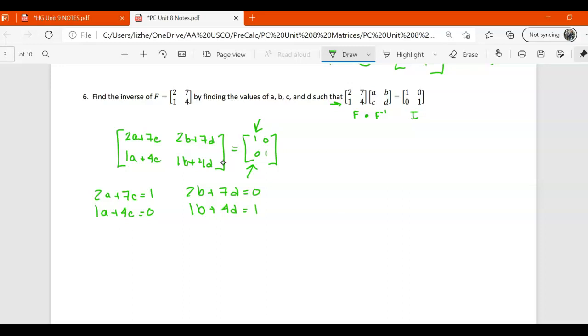So we have two different systems of two equations. And so you guys remember how to do that. I should have left a little more room here. I'm going to rewrite this. 2B plus 7D equals 0. 1B plus 4D equals 1. Erase this so I have some space to work. You guys remember elimination?